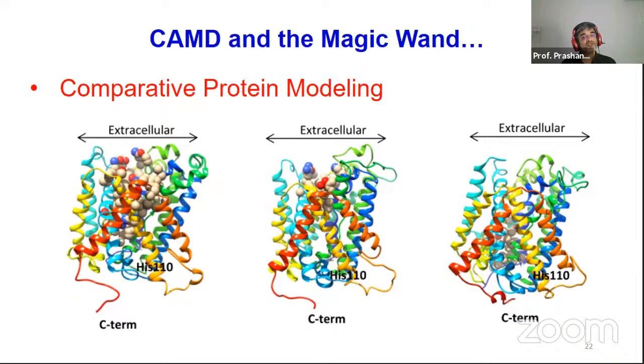So the structure is not known, and it's a complicated protein. So we tried to develop the comparative protein model and use this model for molecular docking or structure-based drug design of the molecules which were synthesized in the lab. To a great extent we were successful, but still, like I said, we knew the problems with our model.